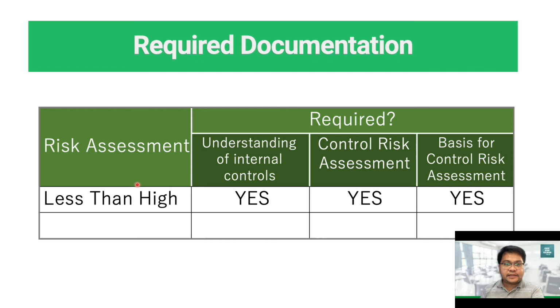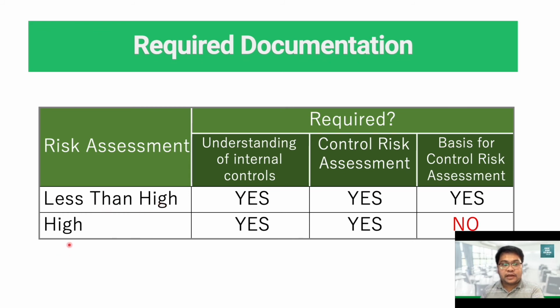However, if our risk assessment is high, we also need to document our understanding of the internal control as well as our control risk assessment that it is high. However, we don't need to justify why we chose the high control risk assessment, because this is more conservative compared to a less than high control risk assessment.